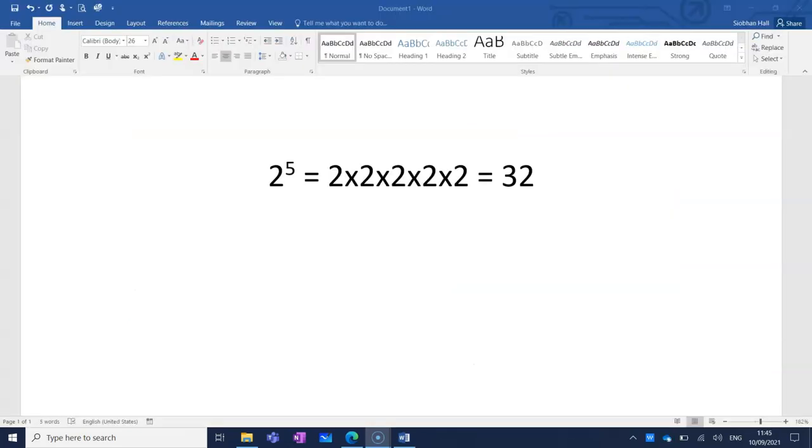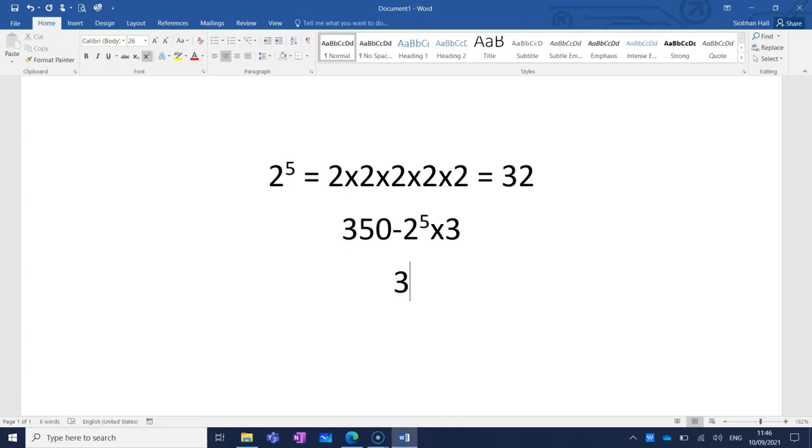So let's look at an example. So for example, if I have 350 minus 2 to the power of 5 multiplied by 3, I would have to do the 2 to the power of 5 first.